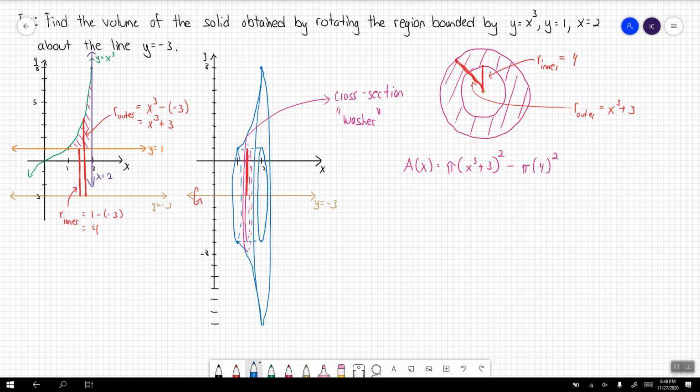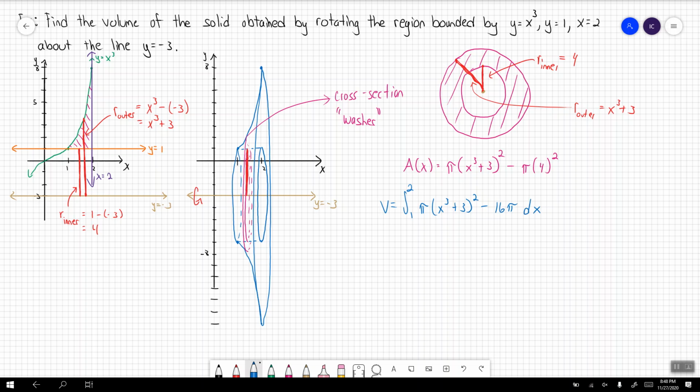Therefore, when we want to find the volume of the figure, the sample points are on the x-axis, and this region goes from x is equal to 1 to x is equal to 2. We integrate this formula for my area, which is pi times x cubed plus 3 quantity squared minus 16 pi, and this is going to be dx.